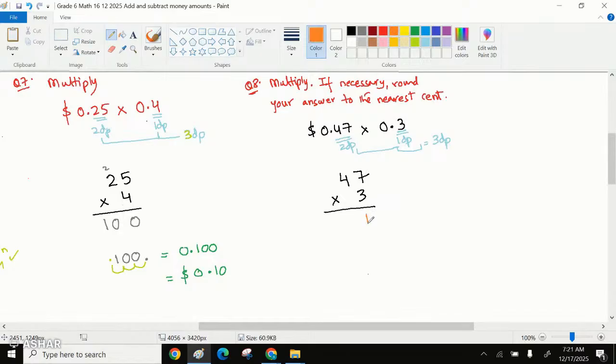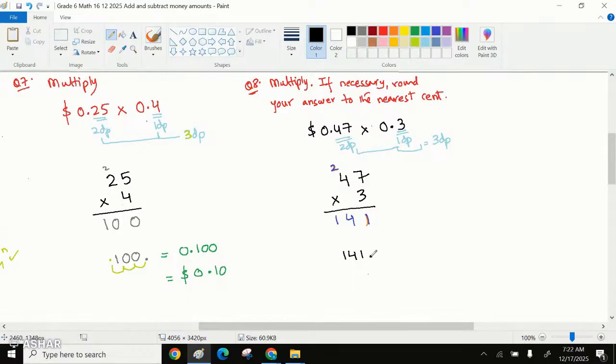So we write 1 and we carry the 2, right? Then 4 multiplied by 3 is 12. And 12 plus 2 is 14. That means our answer comes out to be 141 when we multiply 47 by 3. So can I write this?